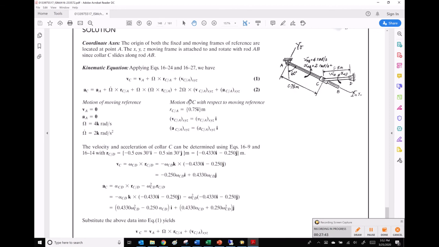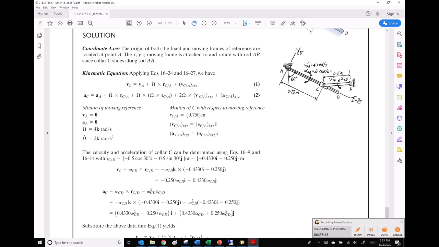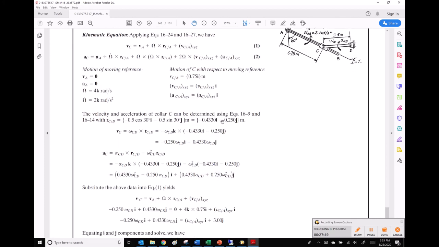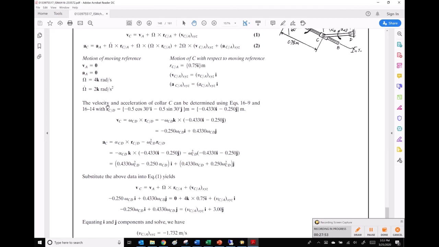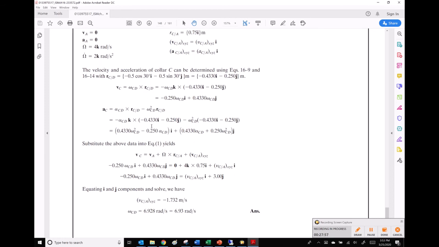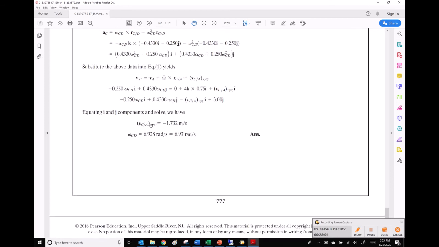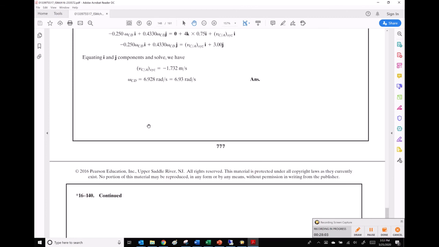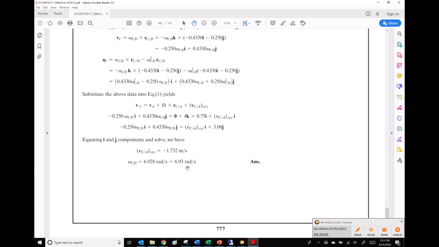By the way, they made their X in this direction. They made their Y in this direction. So that's why you're going to have different values for the position vectors, because they change the orientation of everything. And so they were able to get that omega. So they got the 6.93 radians per second.